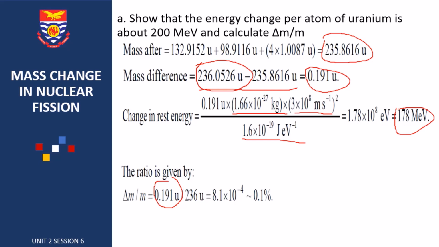So we divide the change in mass by the mass of the reactant, and we get approximately 0.1%.